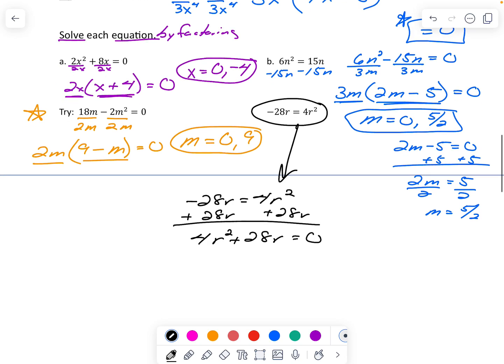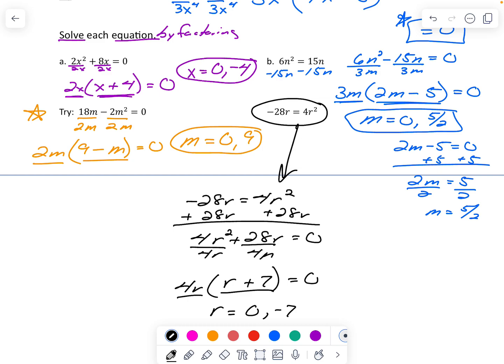Looks like 4r is going to be my greatest common factor, which is going to leave me with r plus 7, which means r is equal to 0 or negative 7, setting each factor equal to 0.